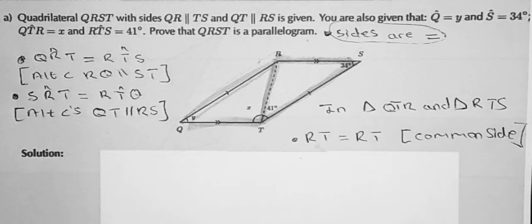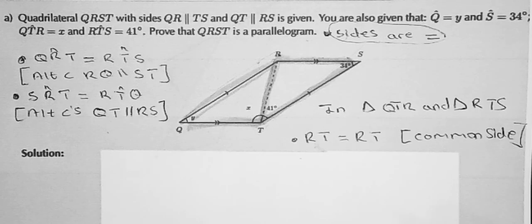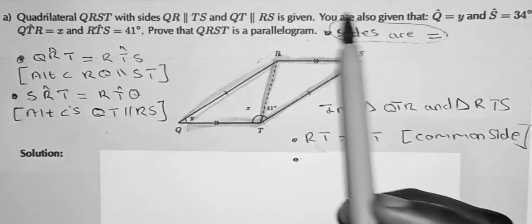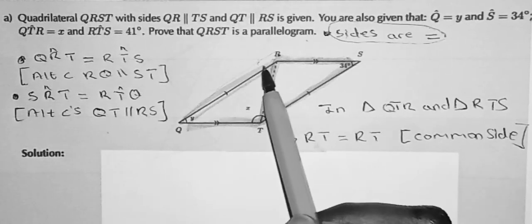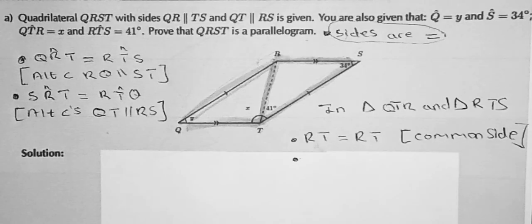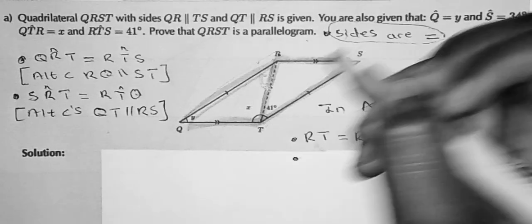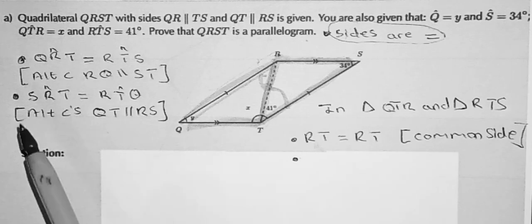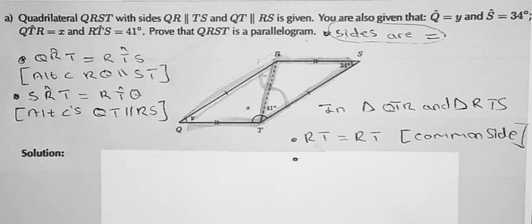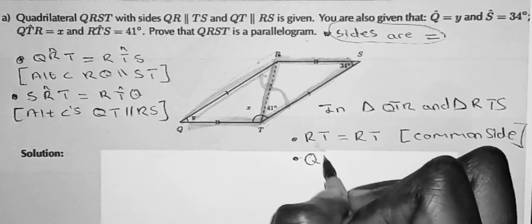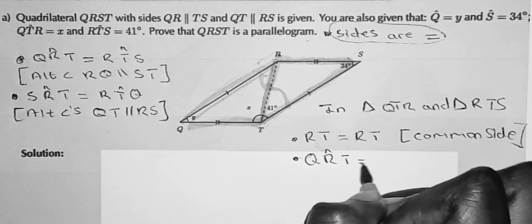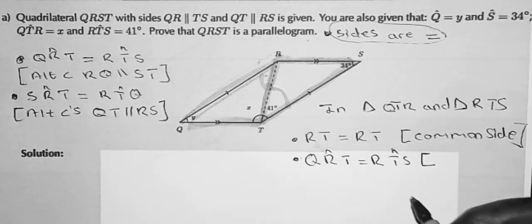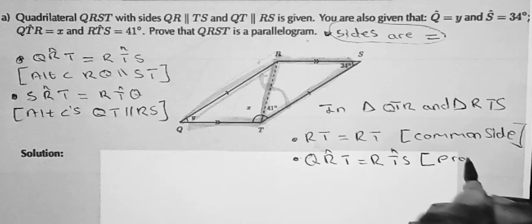After that, I'm going to say, because I've said this is an alternate angle, angle R is equal to angle T. So which is this one, we have proven it here. So I'm going to say angle QRT is equal to angle RTS, the reason will be proven angles.